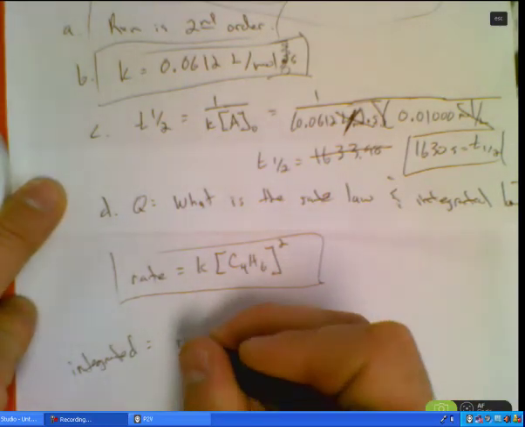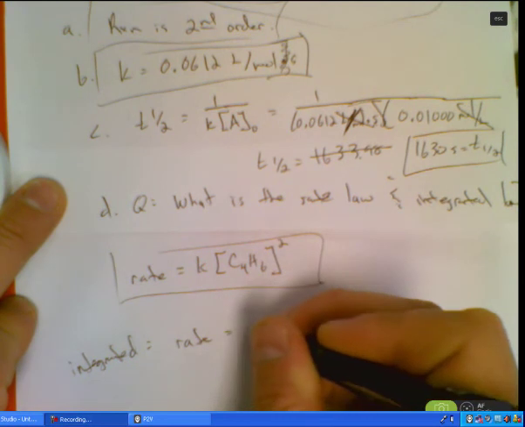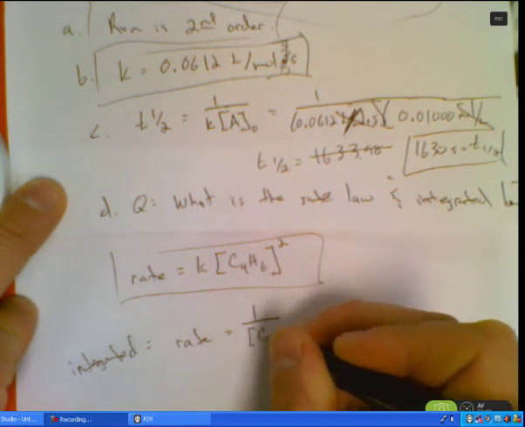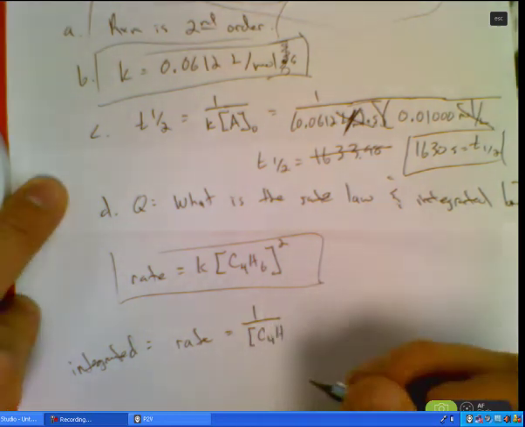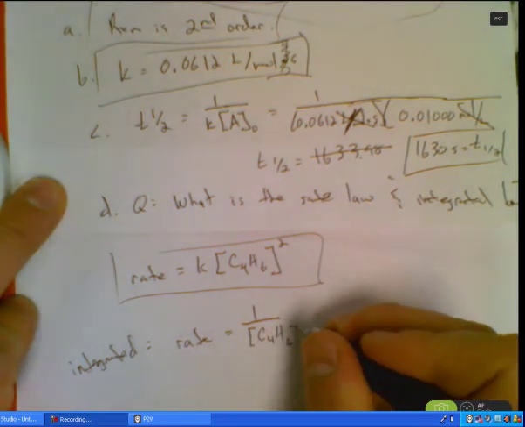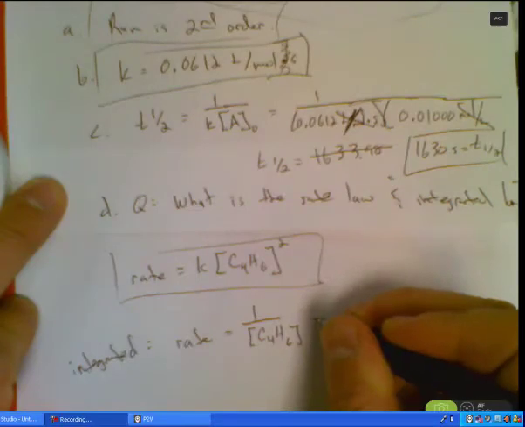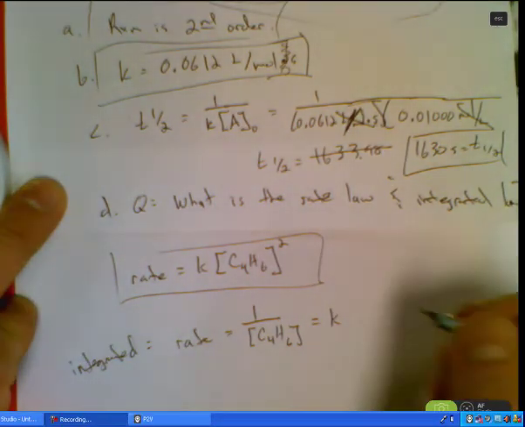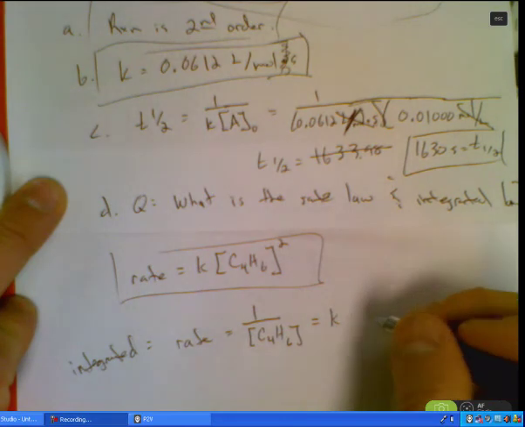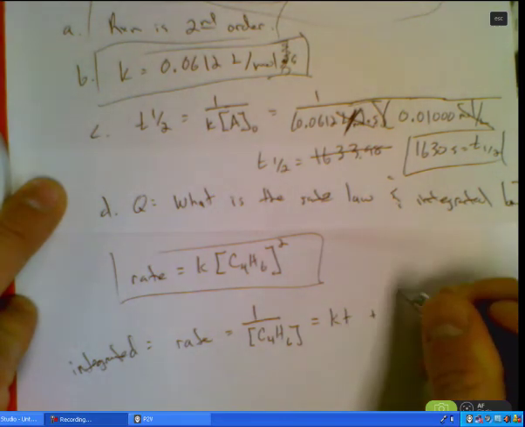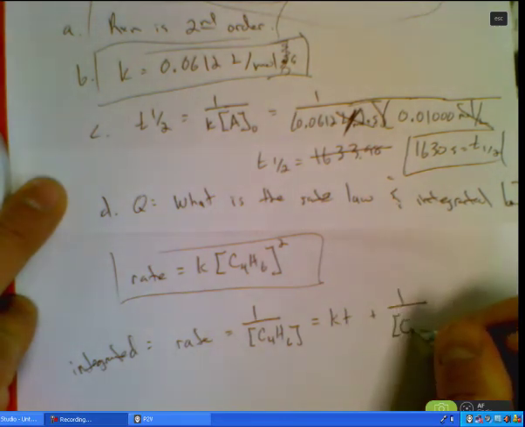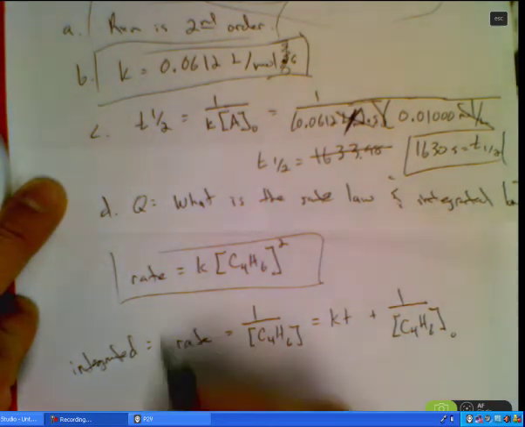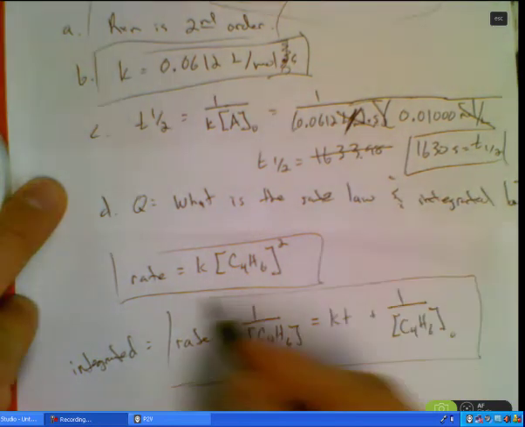So integrated is 1 over the concentration of A, but our A is C4H6, butadiene, which equals our K value times the time, plus 1 over C4H6 initially. We could plug in K, we know what it is, but I'll just leave it like that. We don't need it. So that is the integrated form of the rate law.